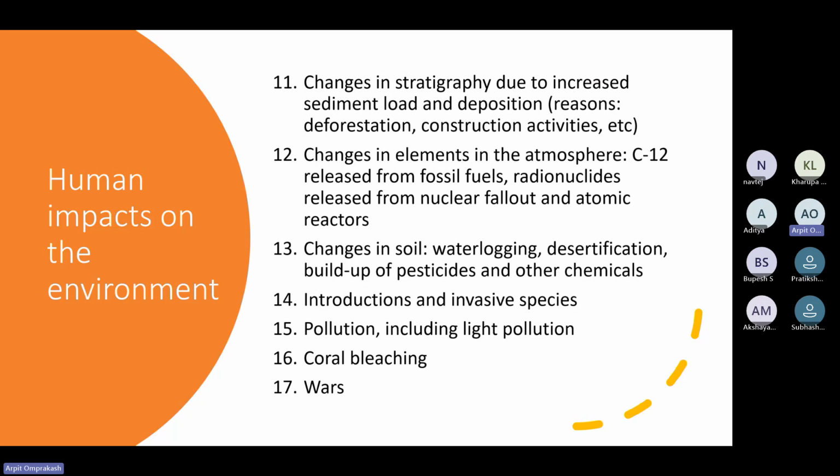So what happens? We are changing the nature of different areas due to our activities such as deforestation or construction. For example, let's say we have a river here, which comes and drains out into an ocean.